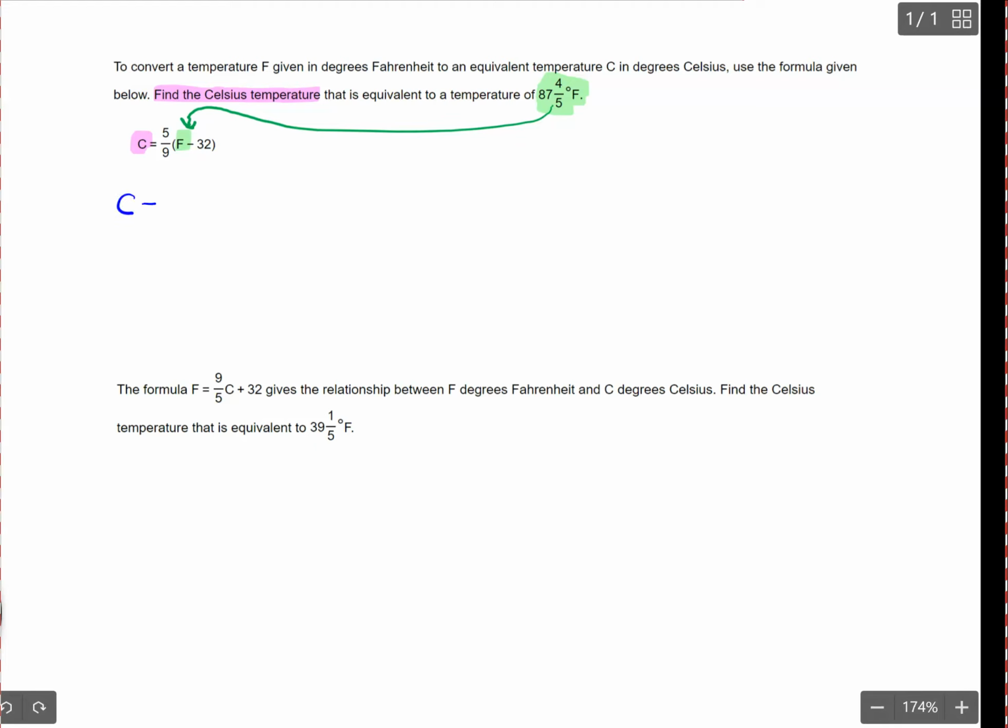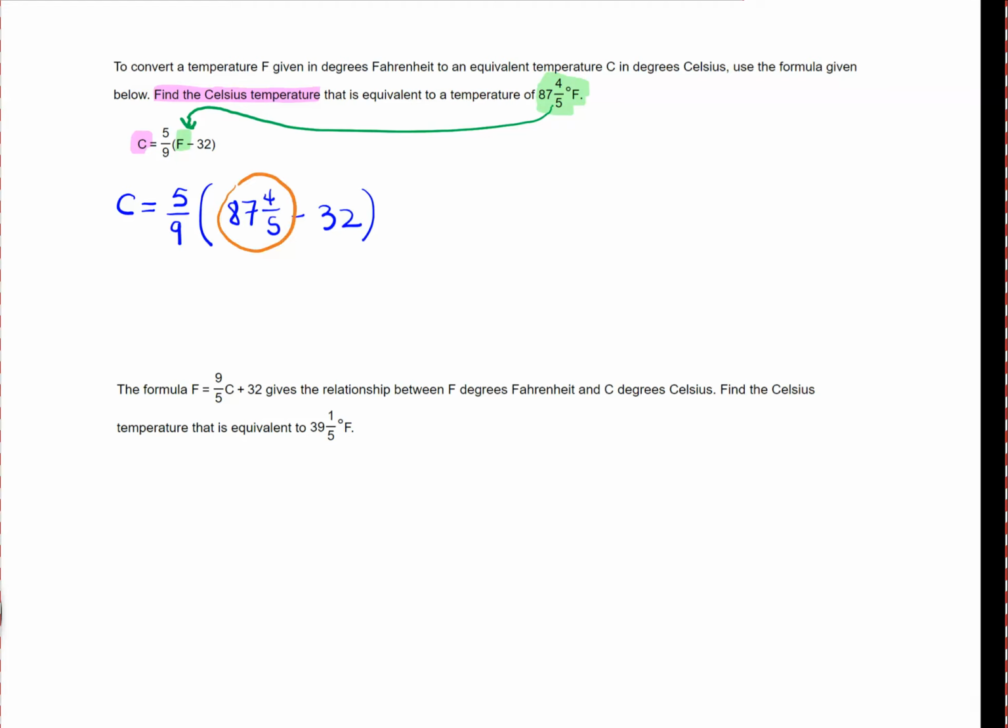So I can calculate what C equals if I just follow this rule, and I know the degrees Fahrenheit, which we do. So if I do 5/9 times 87 4/5 minus 32, I'll get the degrees Celsius. Now again, resist the temptation to change this yucky fraction into a decimal.